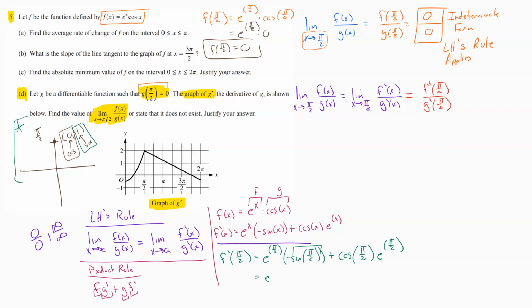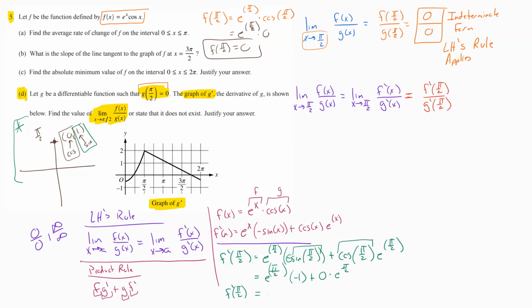So we end up with e to the pi over 2 times, and then there's a negative right there, so this would be times negative 1 plus the cosine of pi over 2 was 0, and then times e to the pi over 2. So we end up cleaning up and getting f prime of pi over 2.